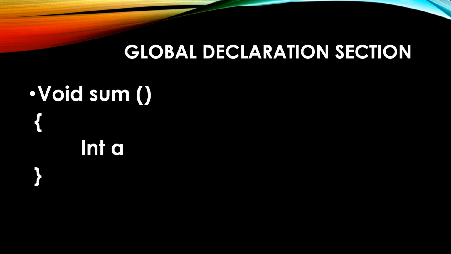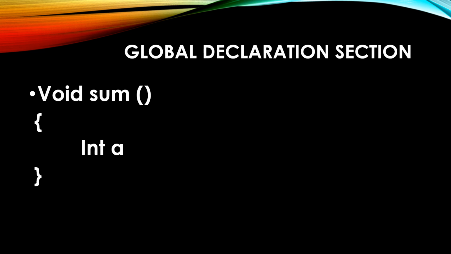I defined it only in void sum, so I cannot use it in the main function, or in another function like subtraction, multiplication or division. But suppose we have five functions and all of them use the same variable a. Then you can declare that variable globally.